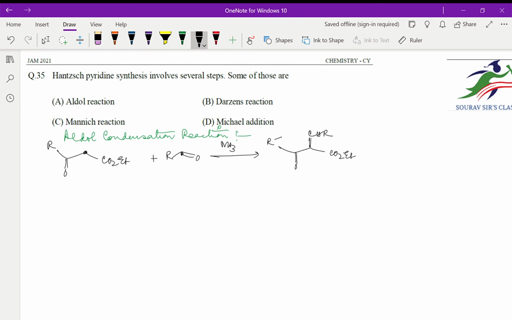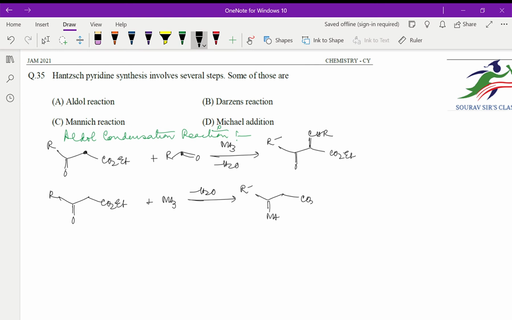Now in the other step, it is basically the beta keto ester condensing with the ammonia, all right, and there is loss of water, so it's basically forming an imine type of a product.